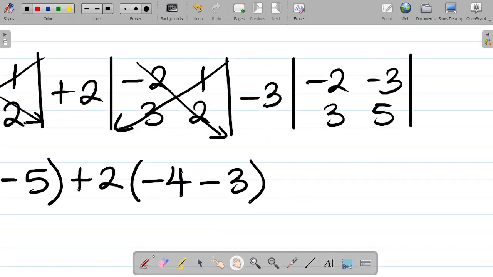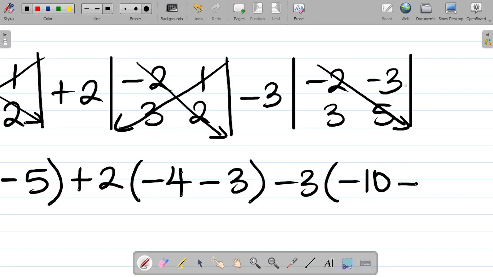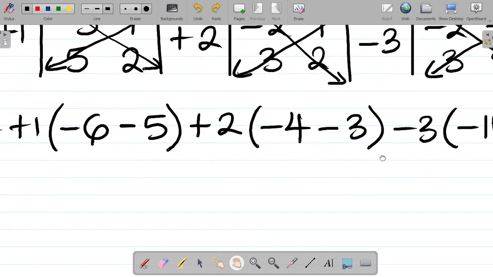Okay. Next up again, I have minus 3 into, multiply the diagonal on the right hand side, this one here. That becomes minus 2 times 5, which is minus 10. Then minus, multiply this other one here, which is minus 3 times 3, which is minus 9. Alright, so it's minus, then minus 9. Please observe that. Alright, let's proceed with this.